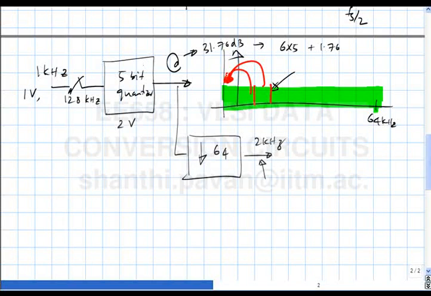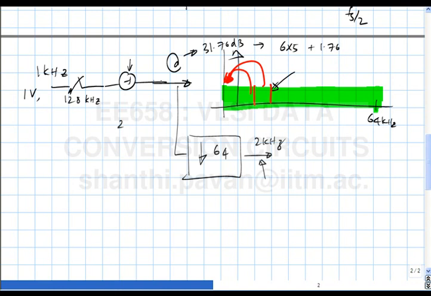Another way of thinking about it is that if I thought of this quantizer as an additive noise source, this is a white noise source with some mean square value, correct? When I say it's a white noise source, what does it mean? In the time domain, it means that neighboring samples are completely uncorrelated.